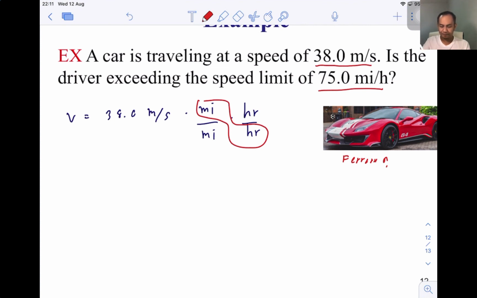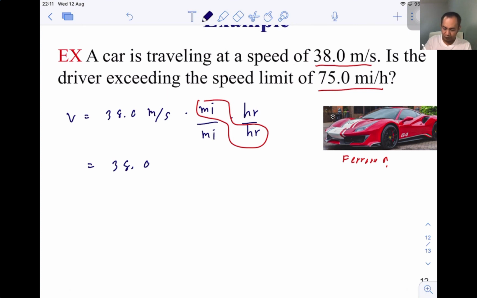Okay, let's see. So we will get 38.0 times meter.